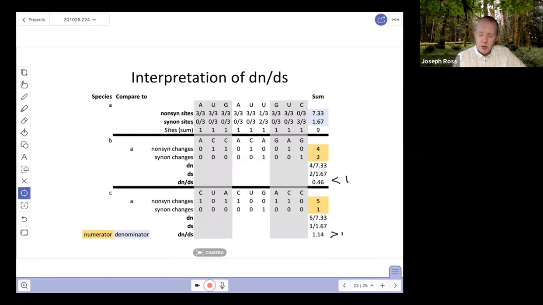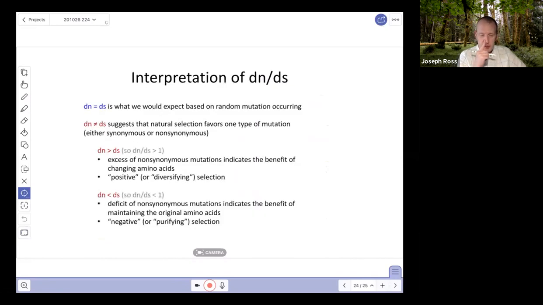It's a little bit counterintuitive. So I want to end with this slide, and then we'll talk about examples of proteins in humans that do undergo that second mode of evolution where you get more non-synonymous mutations than you'd expect by chance.